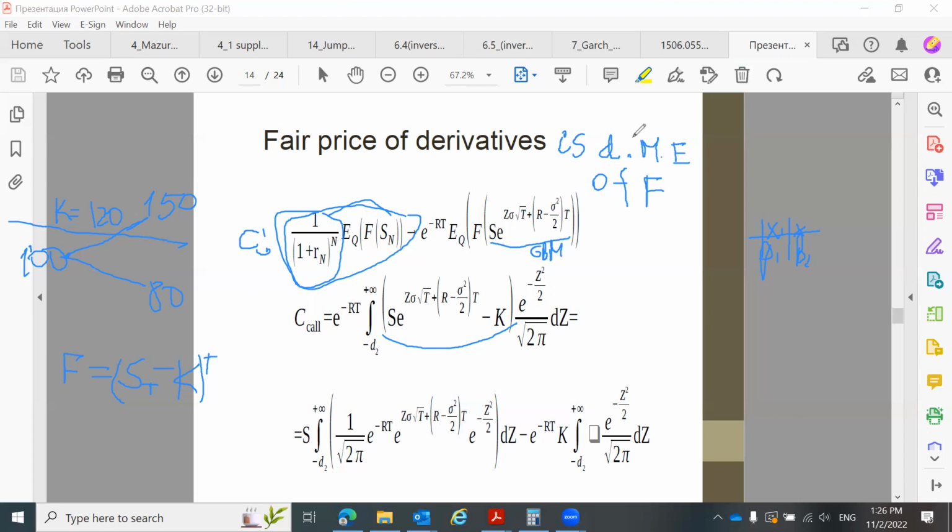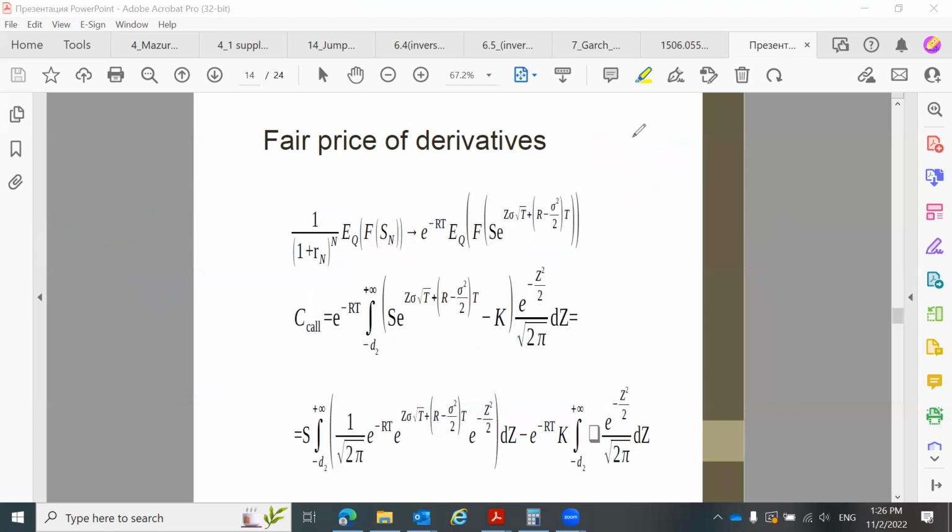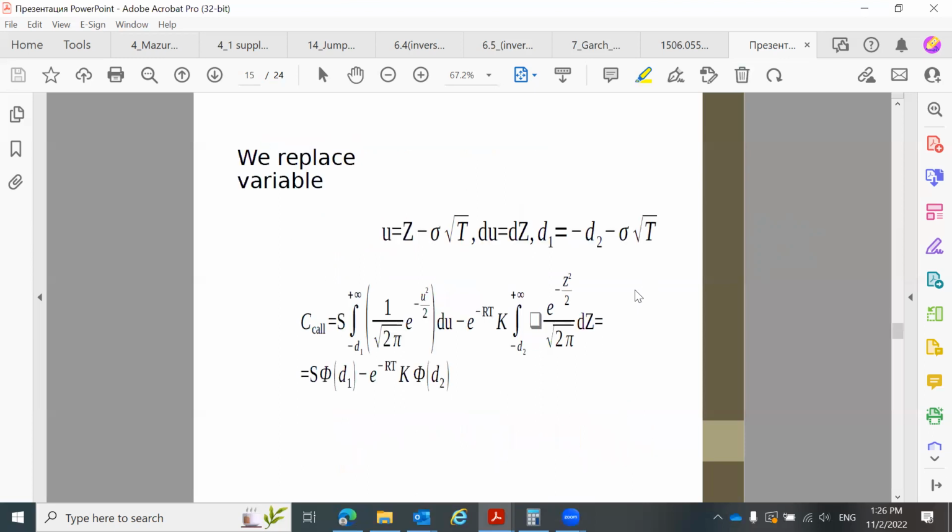And we need to do some technical manipulation, and replace this variable.